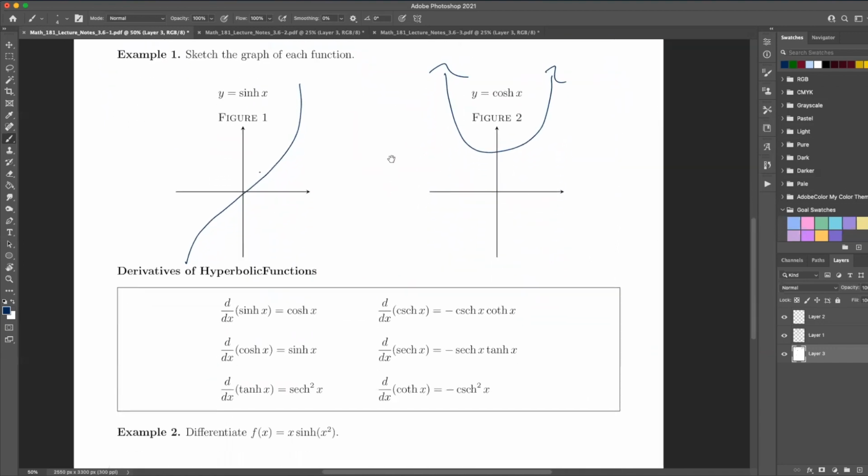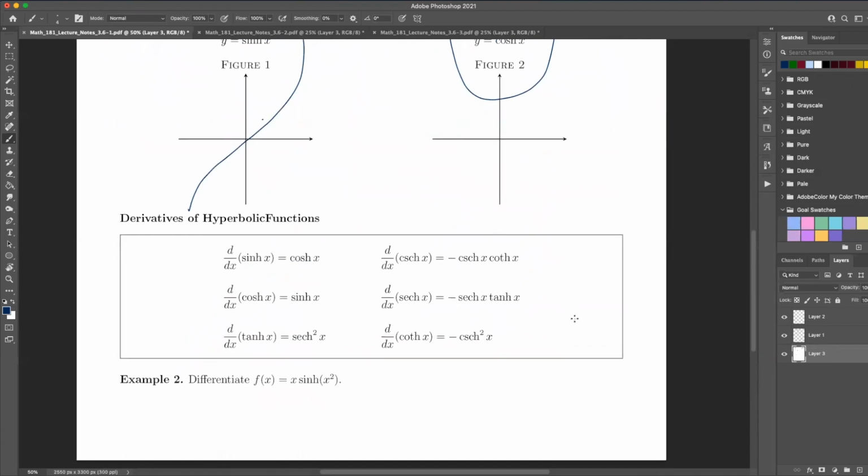But what we really care about for this class is the derivatives. The derivatives end up being quite nice, because hyperbolic sine turns into hyperbolic cosine, which turns into hyperbolic sine, so these really look a lot like their counterparts. Hyperbolic tangent is equal to hyperbolic secant squared, and then hyperbolic cosecant and hyperbolic cotangent.